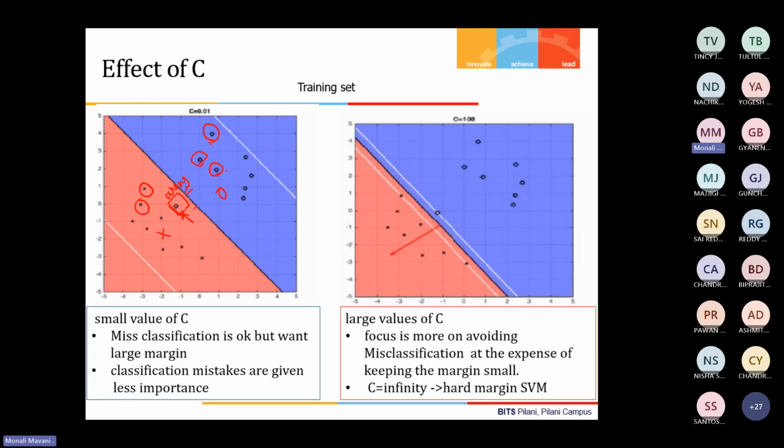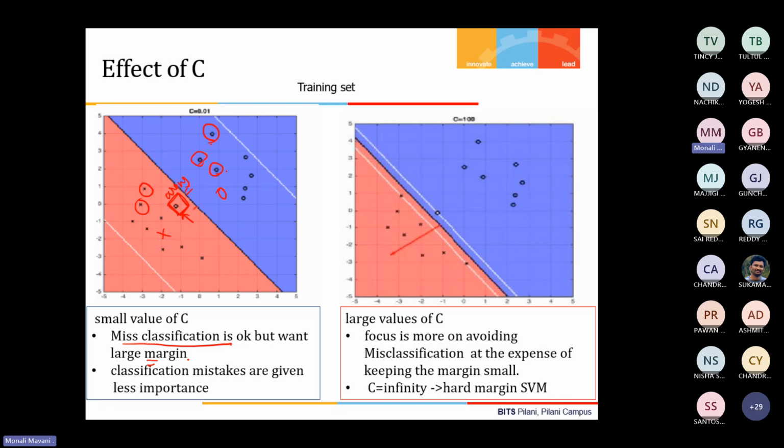But the point I have put a box around is on the wrong side of the decision boundary. Because we have maximized the margin, we get such points within the margin. That means when we increase the width of the margin, we are allowing some misclassification, but we want a large margin.